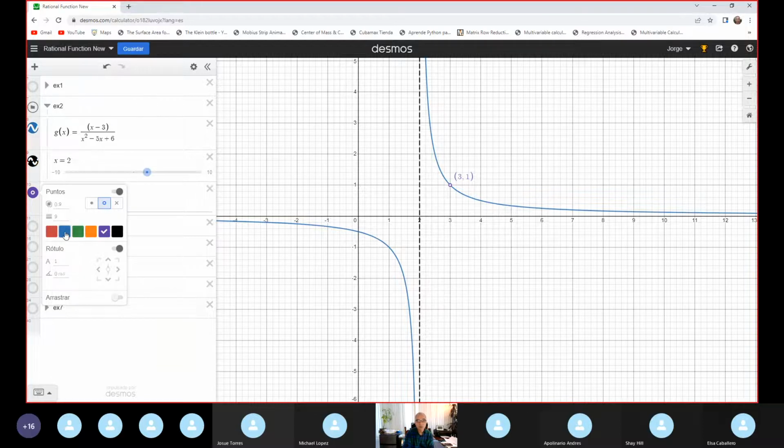By the way, I suppose the best color is the same color as the curve, blue. I don't know why I put a purple color. And the style you see here: solid, closed, open is a hole, or cross. Cross is to indicate one important point, but in this case, everything is important.